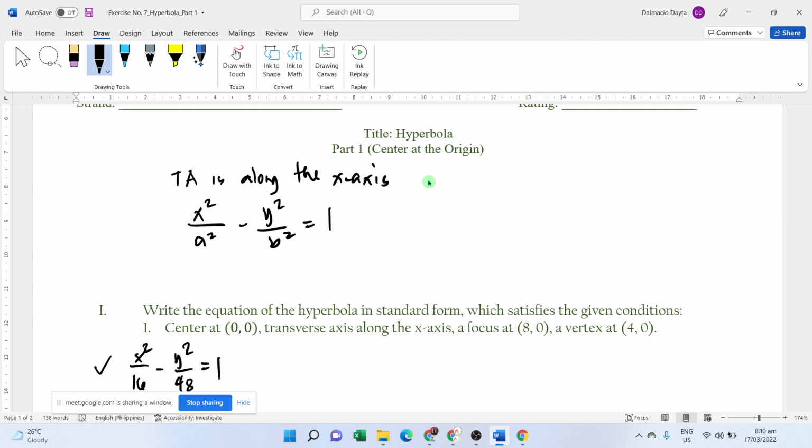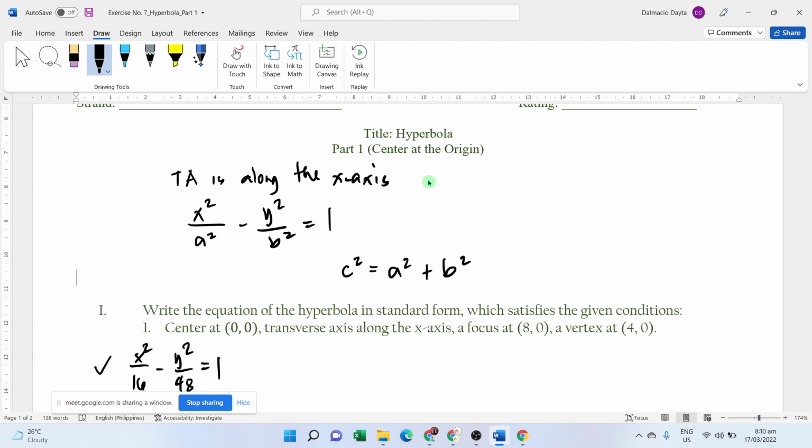Now, in contrast to the ellipse, where c is the distance between the center and a focus, and a squared is equal to b squared plus c squared, for the hyperbola the relationship between a, b, and c, the distances from the center to the vertex, to a co-vertex, and to a focus, is c squared equals a squared plus b squared.